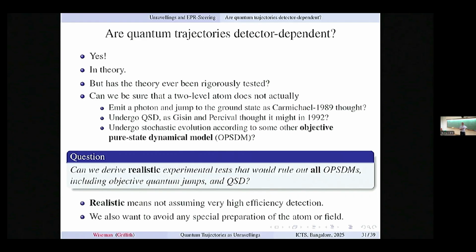By realistic, I mean, for example, not assuming very high efficiency detection and not making some special preparation of the atom in the field. We just want to run the experiment in normal circumstances and see whether we can actually disprove it.